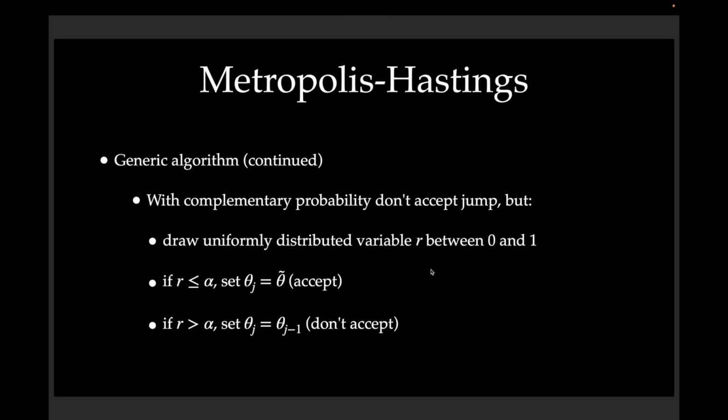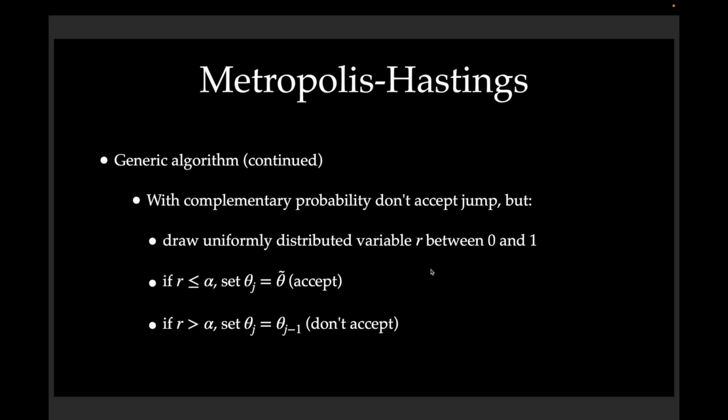Now, I don't accept the jump with the complementary probability. So if this alpha is less than 1, then I'm not gonna reject this immediately, but I'm gonna flip a coin, more or less. Okay, so say your alpha is 0.5. Then I'm gonna draw another random variable, let's call this r, which is between 0 and 1, so which is like a probability.